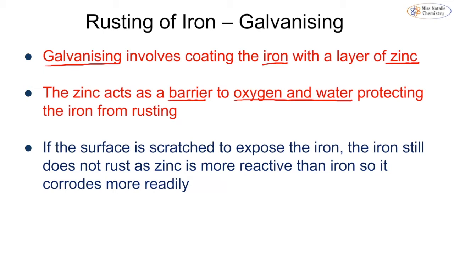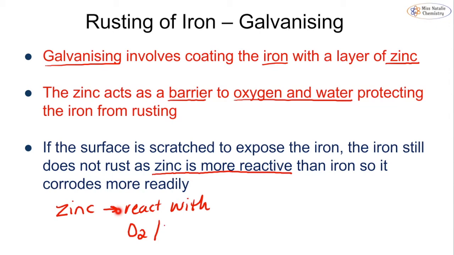If the surface is scratched and the iron is then exposed, the iron still doesn't rust because the zinc is more reactive. That means that the zinc is more likely to react with the oxygen or the water. So the zinc will react with the oxygen or the water before the iron.